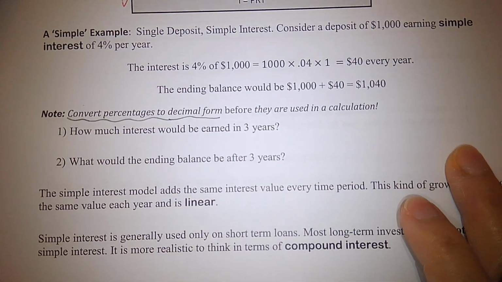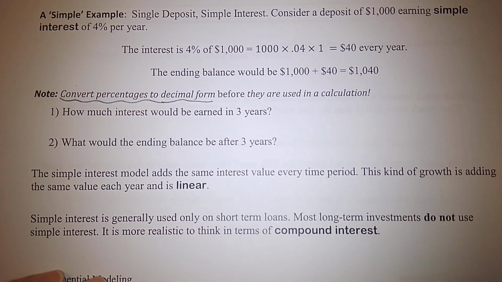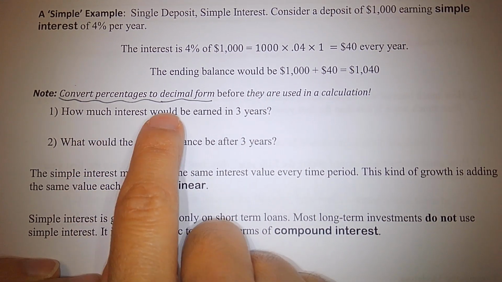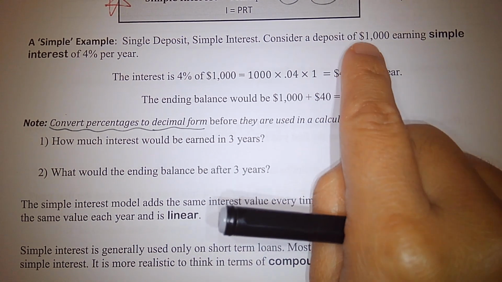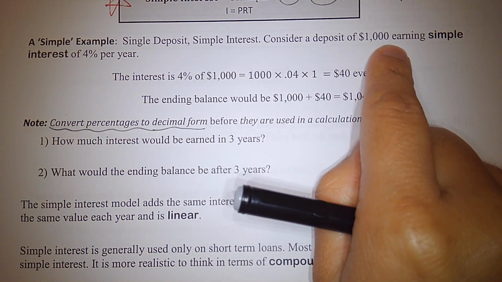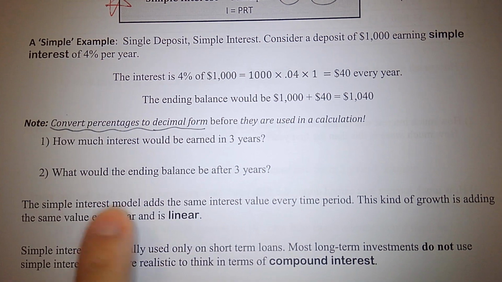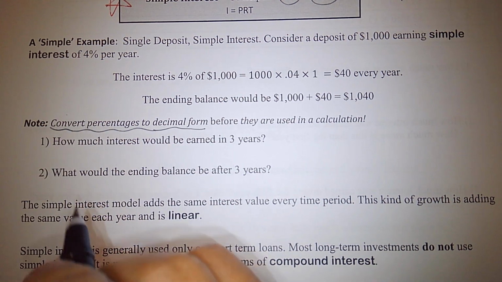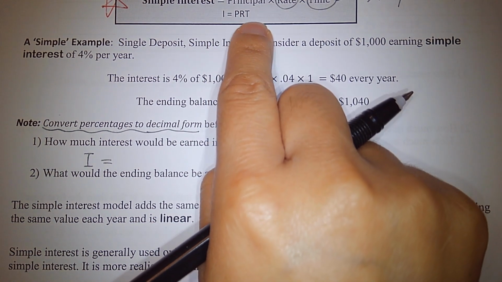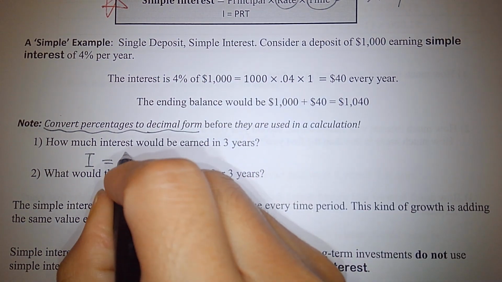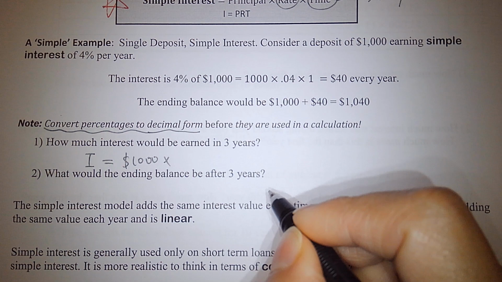All right, guys, now let's try questions 1 and 2 together. How much interest would be earned in 3 years? If we still deposit $1,000 with an annual rate of 4%, how much interest will we get? I equals PRT, right? What is the principal? What is the annual rate?